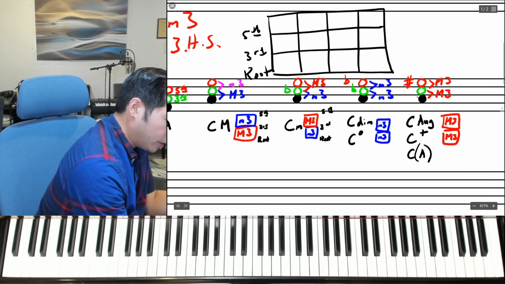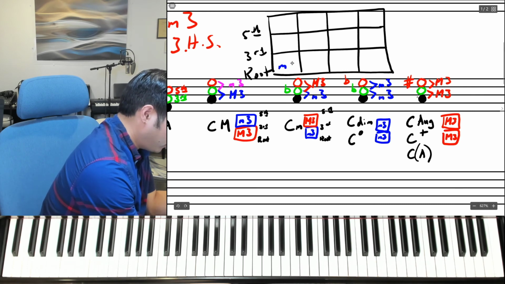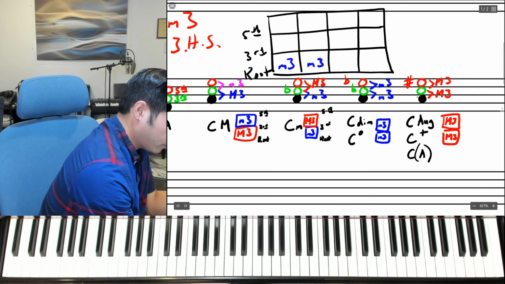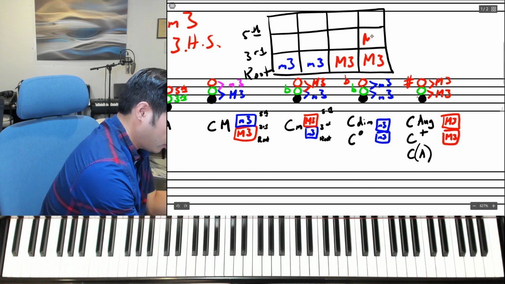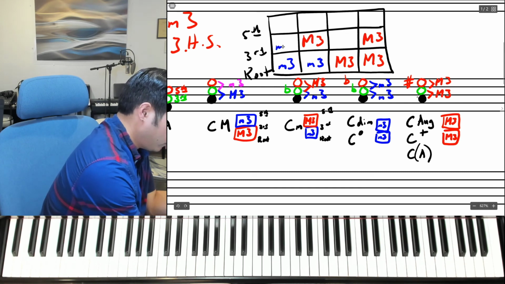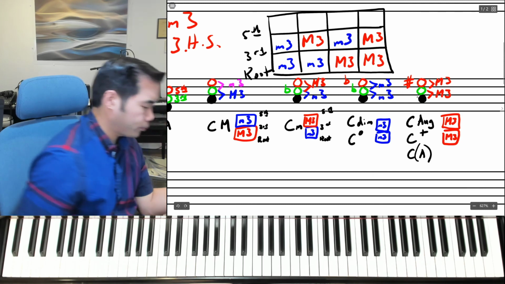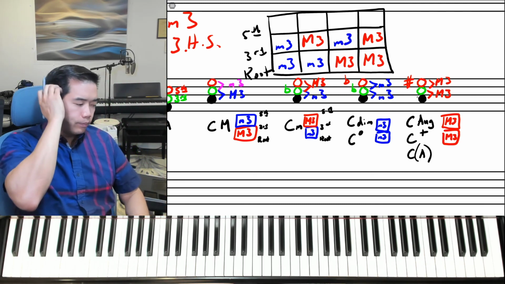Between the root and the third, if it's a minor third, just filling this out really quickly here. So here are 4 variations.